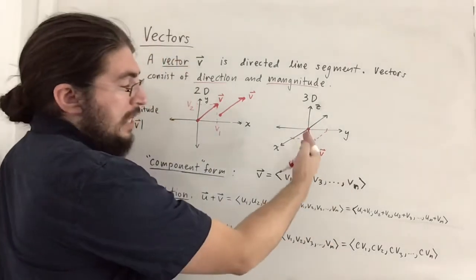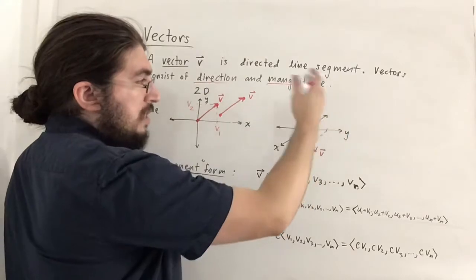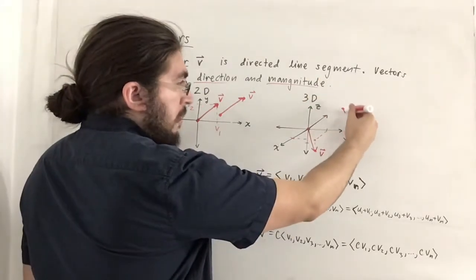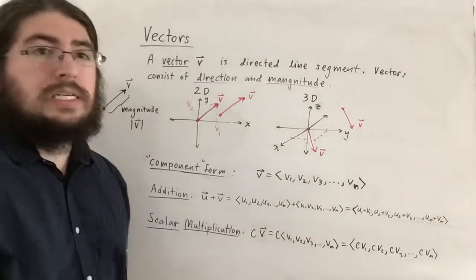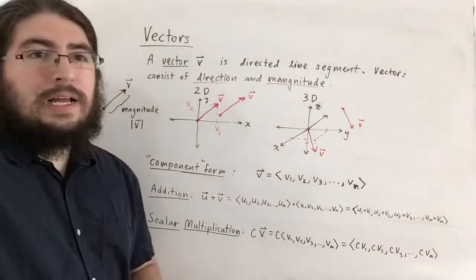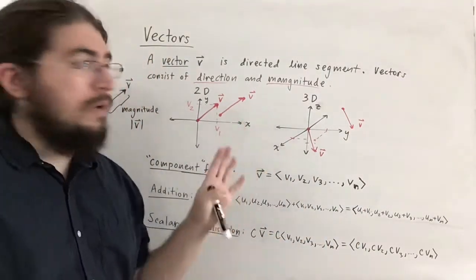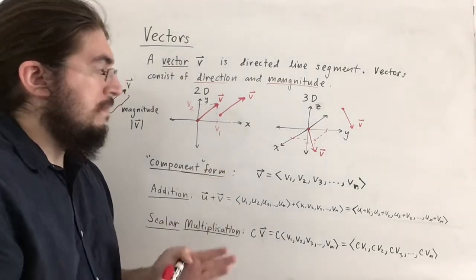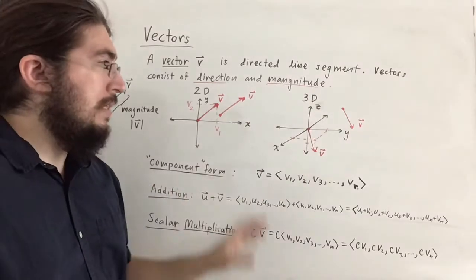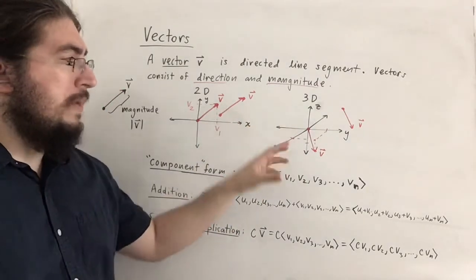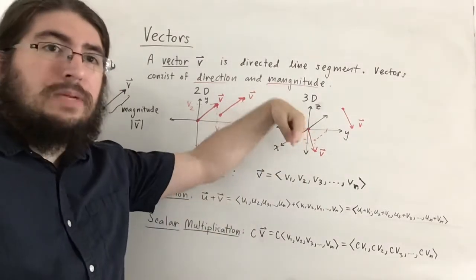And if we maintain that direction and magnitude in three dimensions and move it somewhere else, let's say over here, we can have the same vector v, as long as it has the same direction and same magnitude. Now again, when I draw things in three dimensions, it becomes a little weird because it's hard to tell what I'm showing. But here we can clearly see the direction and magnitude appear to be the same. The only problem is it looks two-dimensional when in reality it's meant to be sticking out this way, like that.